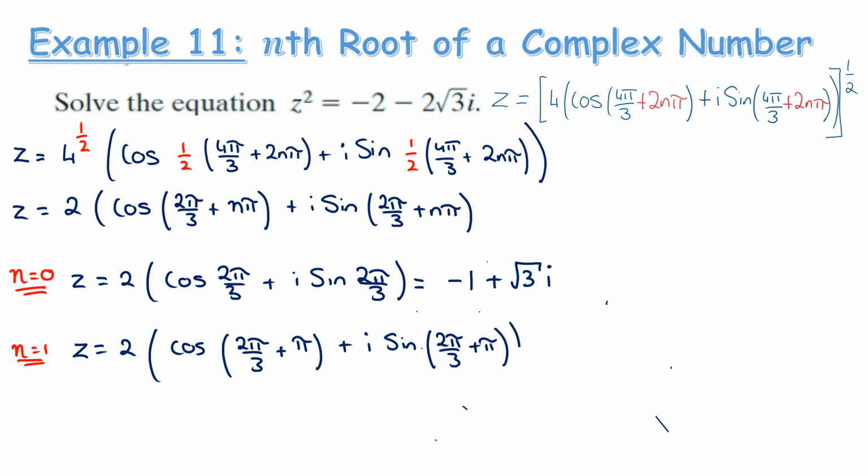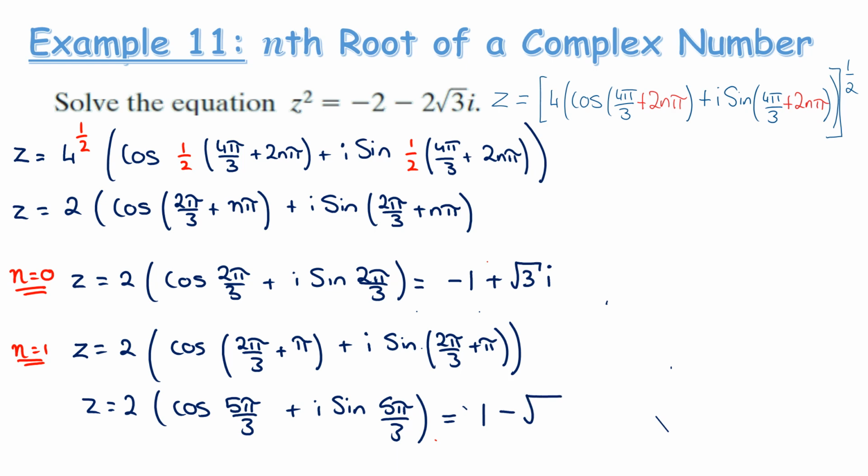I'm going to clean that up a little bit and combine the angles. So cos of 5 pi over 3 plus I sine 5 pi over 3. And again, that can go into your calculator because we always want to give our answer back in rectangular form, and we get 1 minus root 3 I.